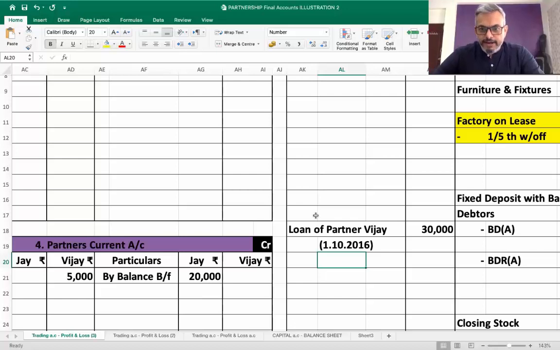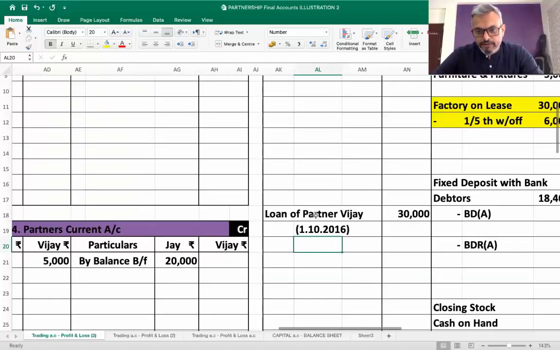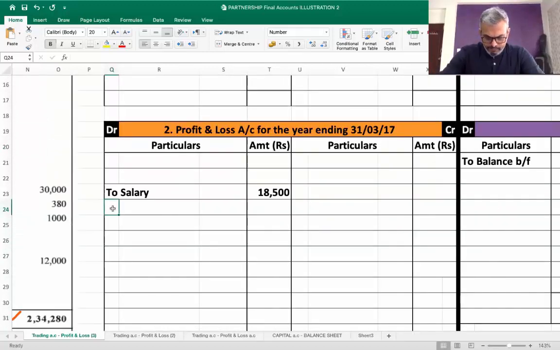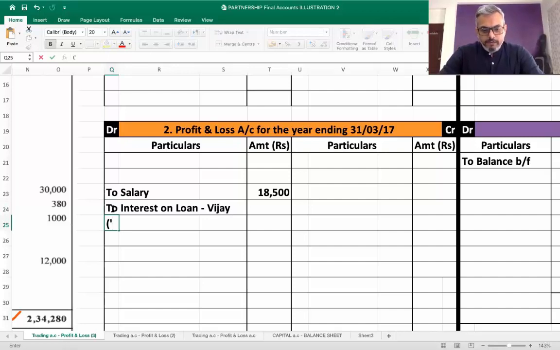Now, because it's a hidden adjustment, let's calculate interest on this. So interest on loan, profit and loss account, debit side. We do the working over here. So loan amount is 30,000 into 6% into how many months?